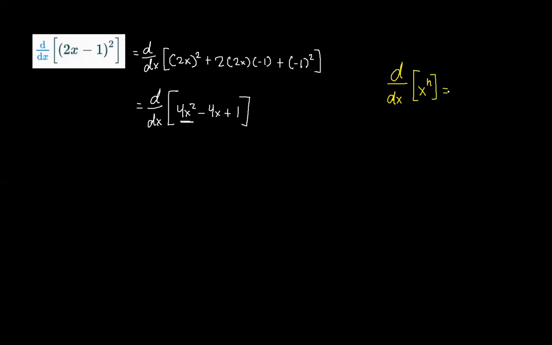If you encounter a term that has a variable with an exponent, then you're going to use this rule. Just simply bring down the exponent, copy the variable, and then the exponent you brought down will be subtracted by 1. Okay, so you're going to use this rule for this case. Well, how about this one, negative 4x?